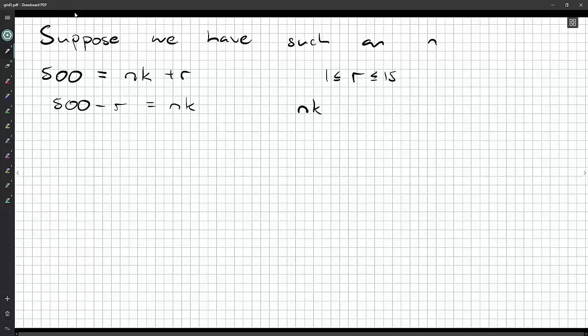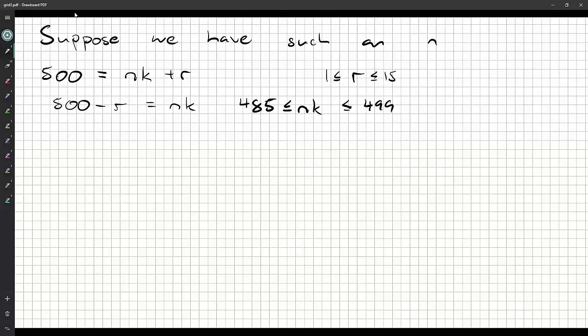So specifically I can say that nk must be at least 485, but at most, taking away 1, 499. Okay, so that's the range based on the biggest values that r can be.